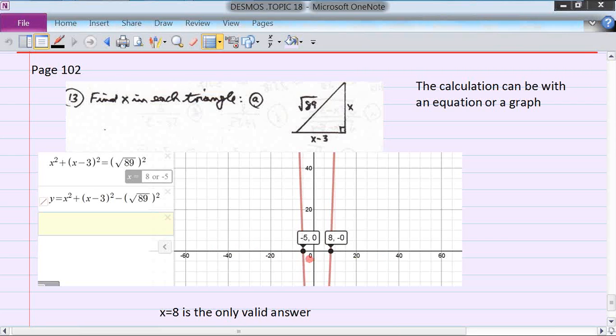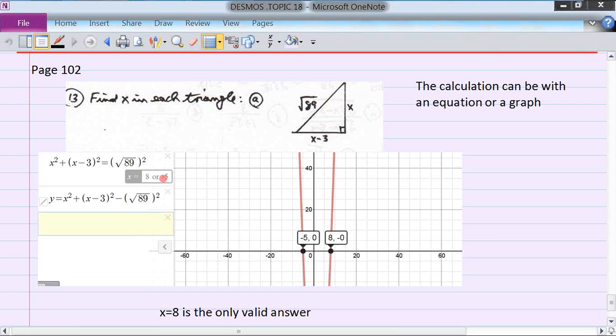This is the x-axis, and y equals 0 along the x-axis. The two x-intercepts are -5 and 8, and that agrees with the value here.